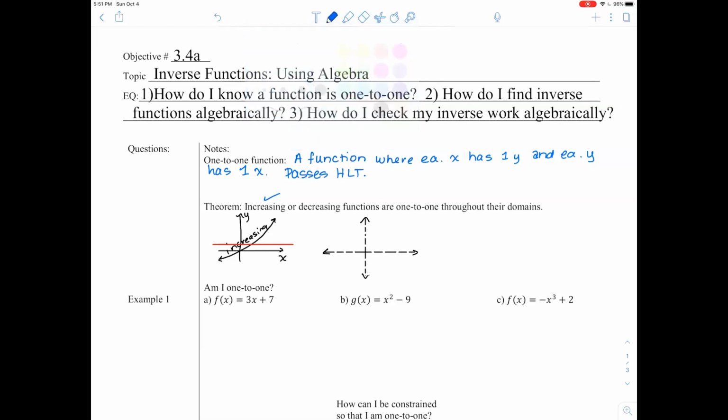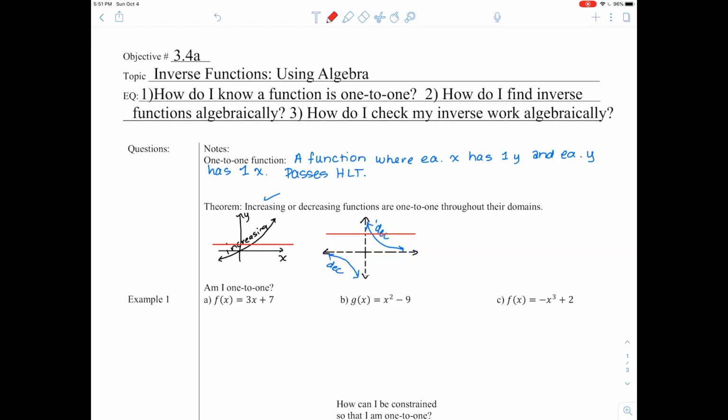All right, so if I were to draw a graph that was doing, say, something like this, and this would be a rational function, and then coming over here and doing something like that, you can see as we're going from left to right that on this side that curve is decreasing, and then once we jump over to this side, it's also decreasing. And so if we were to take another horizontal line and drag it across our function, you would see that it is definitely one-to-one because it passes the horizontal line test.